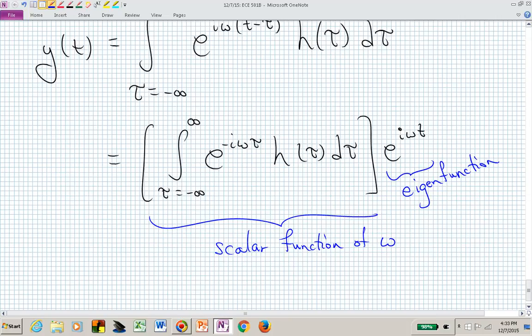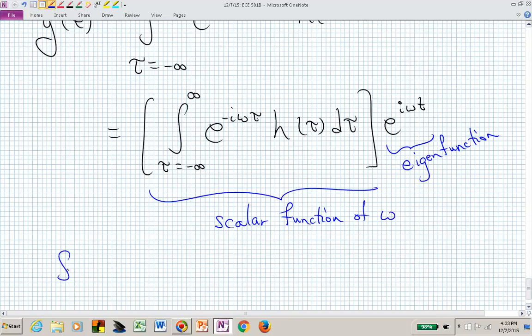which now says that, oh, now if I said T applied to e to the i omega t, where T is the convolution operator, we could write that as this lambda of omega. That's this scalar, that guy right there, weighting this spinning phasor.